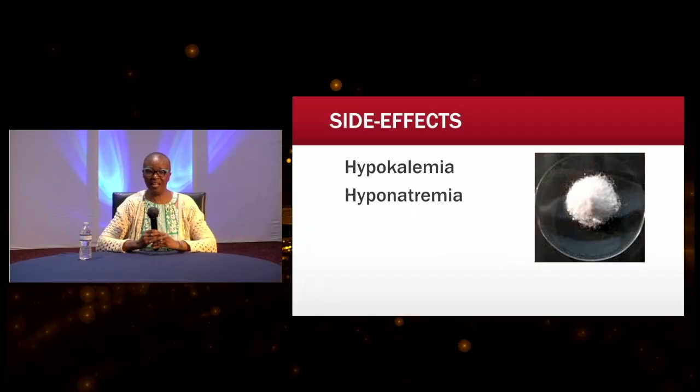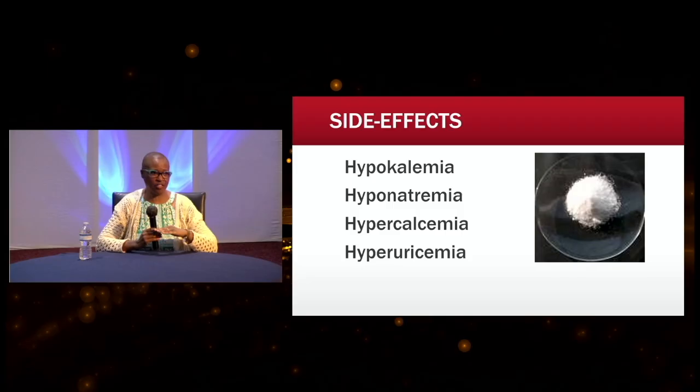So the major side effects, and again, we're not going to talk about anything life-threatening, but the things that the doctor is going to monitor: your sodium can get low, your potassium can get low, your calcium can get high, and your uric acid can get high. But I think the most common side effect that you will see from your diuretic is hypokalemia.